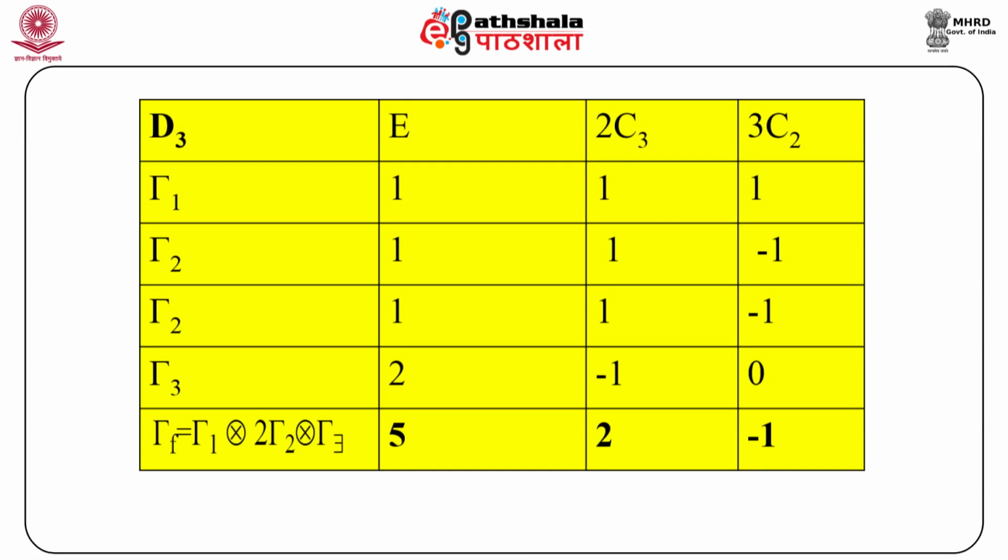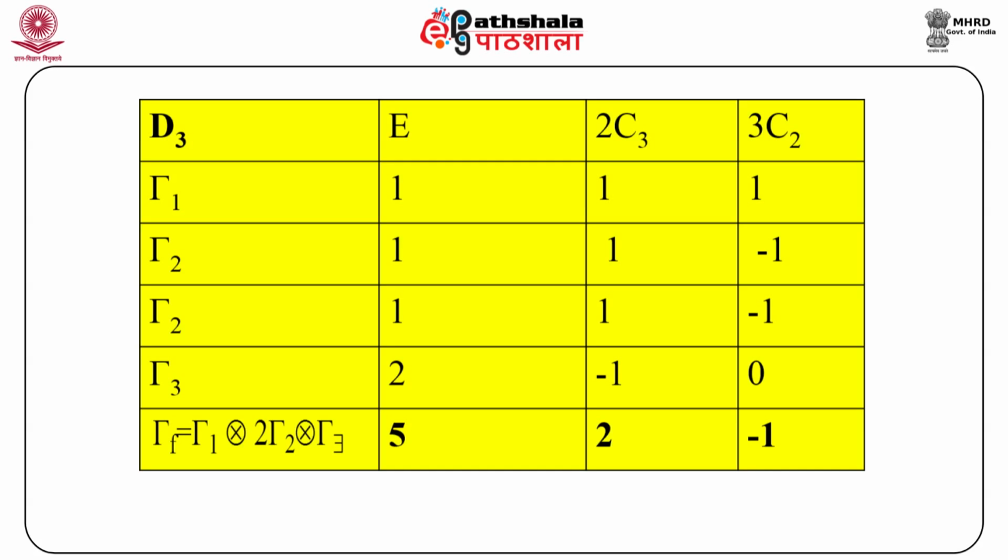This can be verified by adding the characters of these tau 1, tau 2, tau 3 in the given table below. Just see, D3, we have written in the first column tau 1, tau 2, tau 2, tau 3 and then we have the tau F. Under E we have 1, 1, 1, 2. If I add these together it is equal to 5.